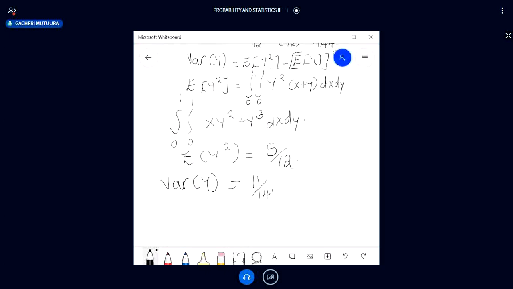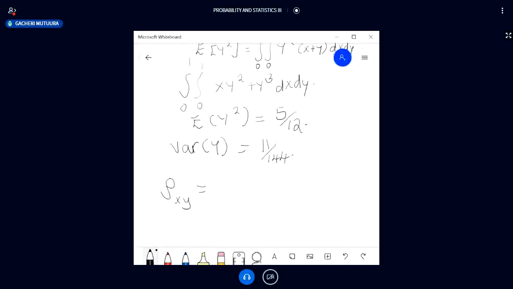So now we can proceed to obtain the correlation coefficient. The correlation coefficient will be the covariance, which we obtained as -1 over 144, and we are dividing this by the square root of the variance of x, which is 11 over 144, times the variance of y, which you've also obtained as 11 over 144.